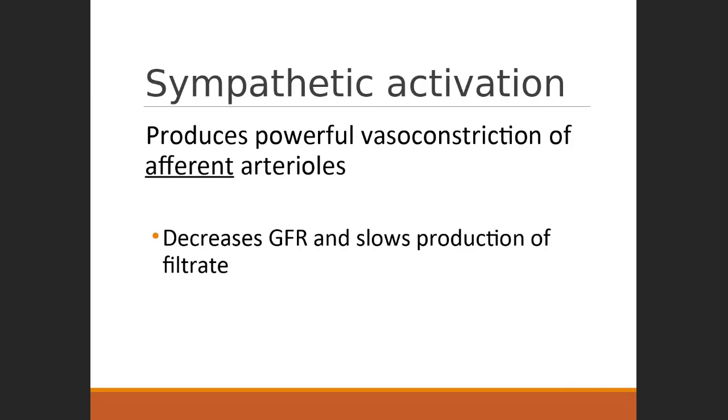The only time we should see GFR change from this constant regulated state is during times of sympathetic dominance. Sympathetic nerves innervating our afferent arteriole will give us some of the strongest vasoconstriction we see anywhere in the body.